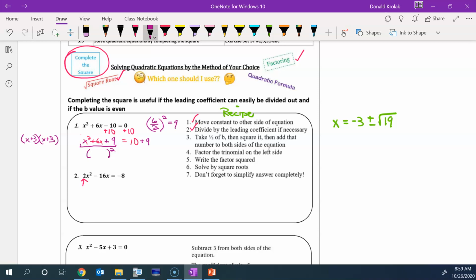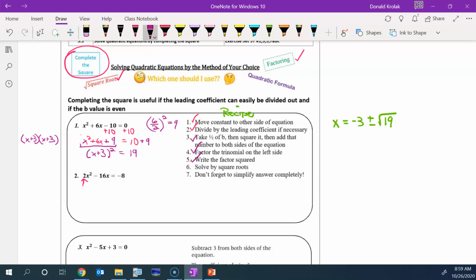So I can just write that as x plus 3 quantity squared. That's why it's called completing the square, because this trinomial is called a perfect square trinomial.